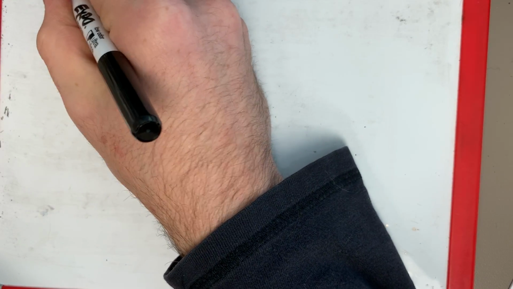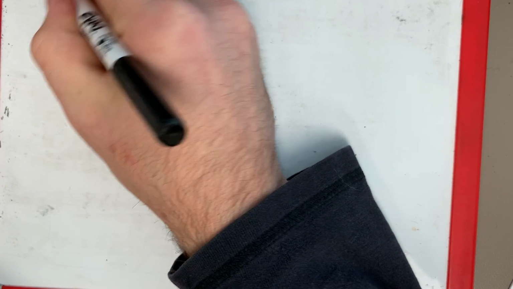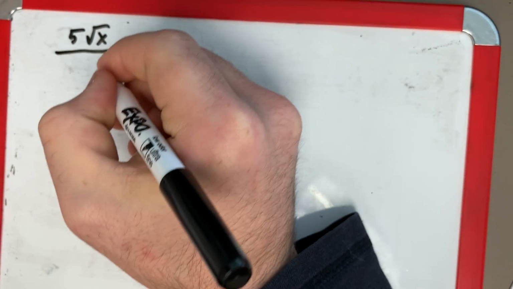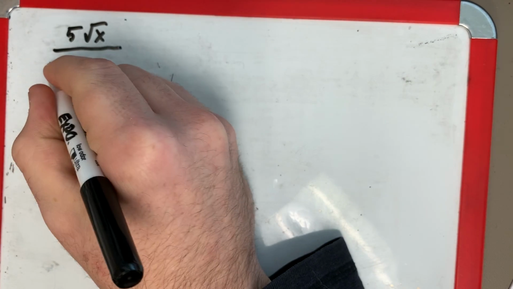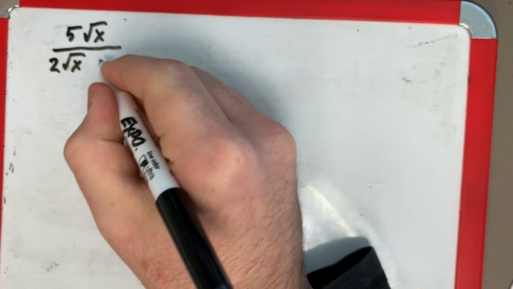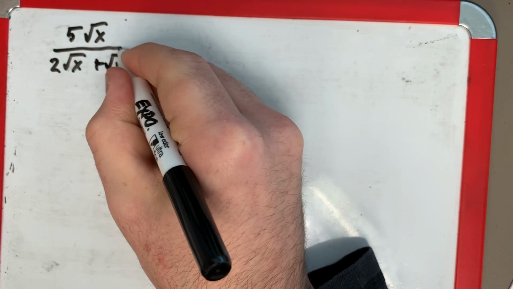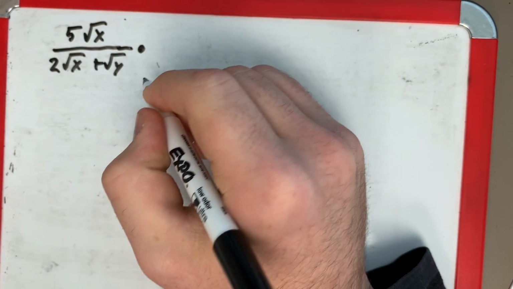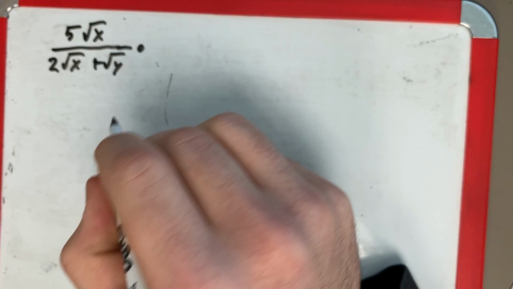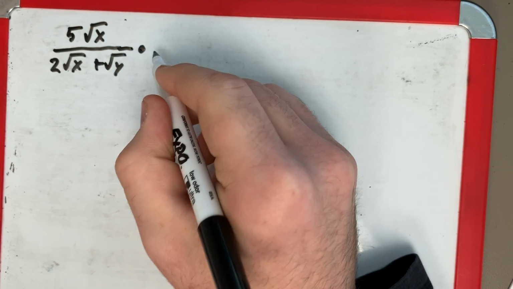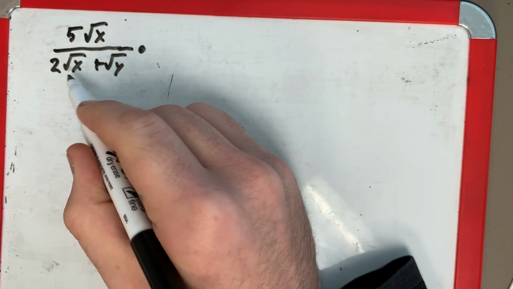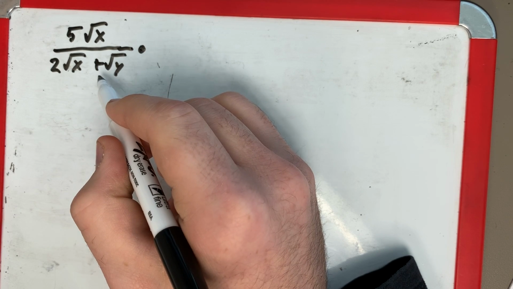We're going to be using the exact same technique we have in the previous several examples. By conjugation is how we're going to do this. So rewriting the original expression up here, I have 5 root x in the top, I have 2 root x plus root y in the denominator. And I'm going to multiply, this is the key step for all of these problems, multiply top and bottom by the conjugate of the denominator.